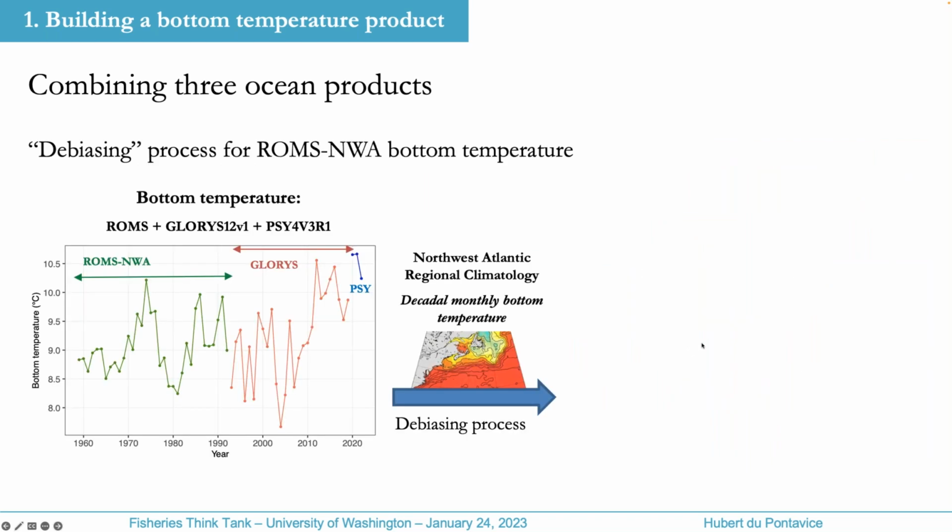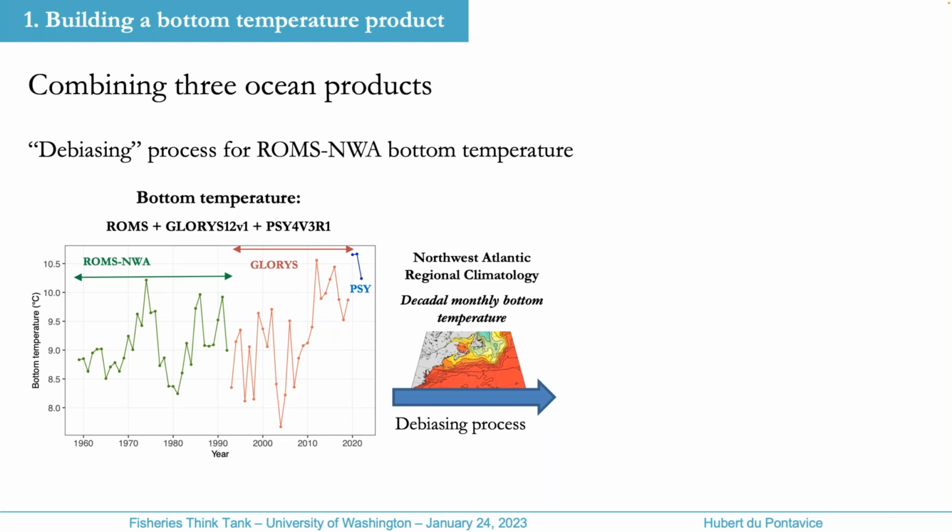So to reduce this warm bias of the bottom temperature from ROMS, we used the decadal monthly climatologies of observed bottom temperature from the Northwest Atlantic Ocean regional climatology. It provides a high resolution in situ ocean temperature based on a large volume of observed temperature data.